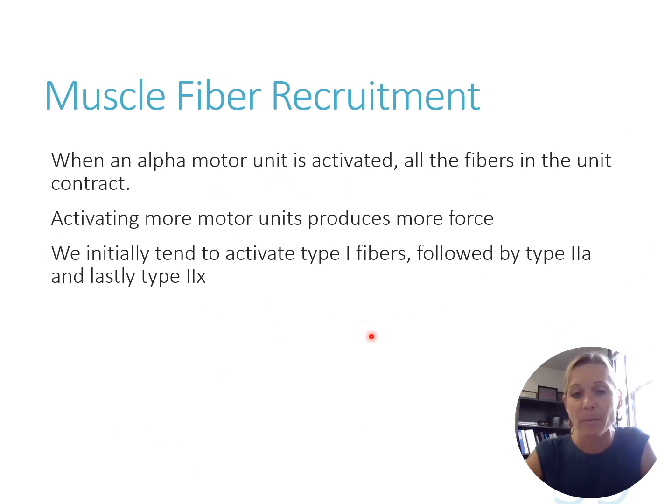Okay, so our slow twitch fibers are going to be used most frequently. And again, we think about activities of daily living and that sort of thing, these type 1 fibers are going to be used all the time. It would be rare for us to use these type 2X or fast twitch fibers unless we intentionally try to, right?